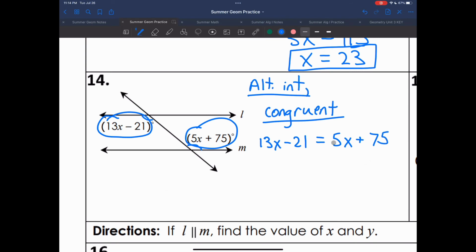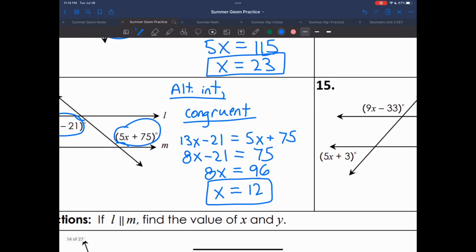Okay, from here I'd probably subtract 5x from both sides, which would give me an 8x on this side, minus 21 equals 75. Then I would add the 21 to both sides, so I'd get 8x equals 96, and then divide both sides by 8, and we get x equals 12.